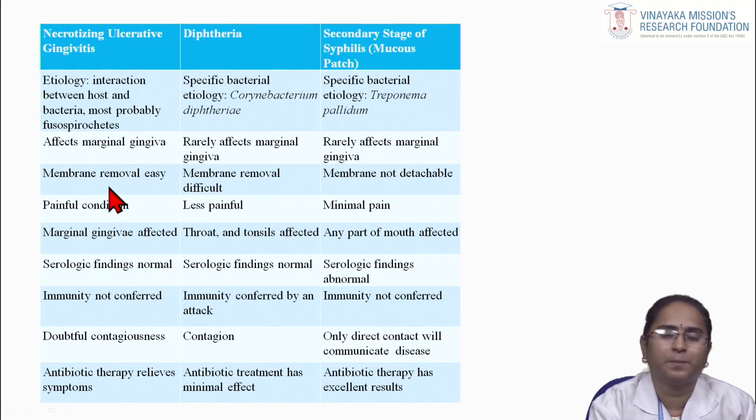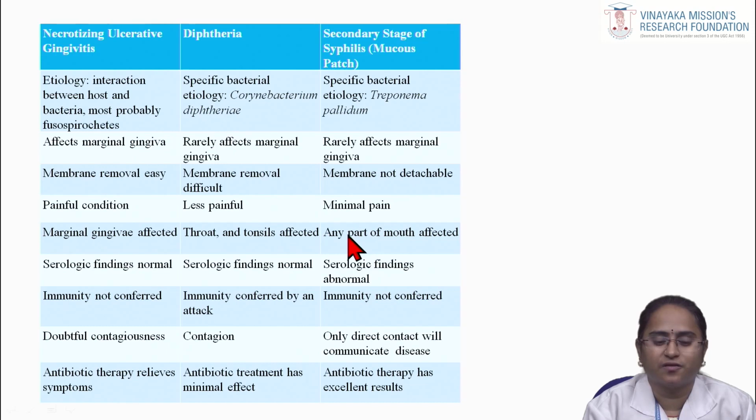Membrane removal is easy in NUG, whereas in diphtheria it is difficult. In syphilis the membrane is not detachable. In diphtheria both throat and tonsils are affected, and in syphilis any part of the mouth can be affected.